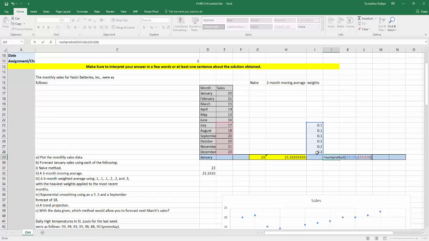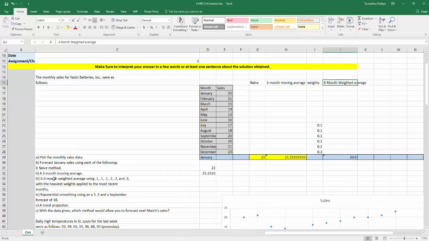So instead of doing all those calculations individually, we are doing them all together in a single cell. Okay, so this is the 6-month weighted average. So you're done with this. So this is equal to this value here.